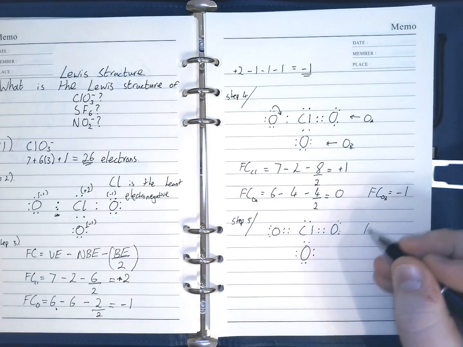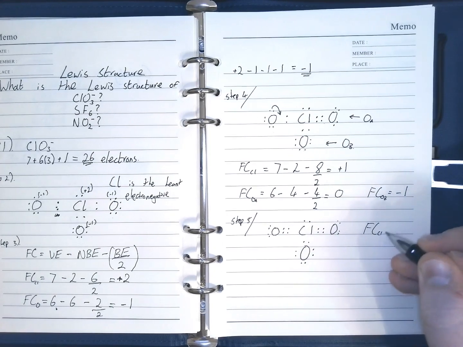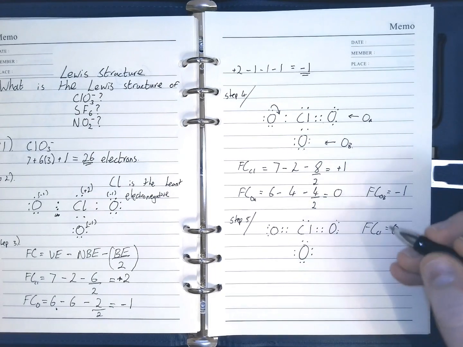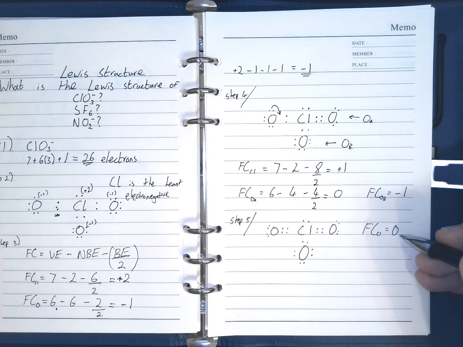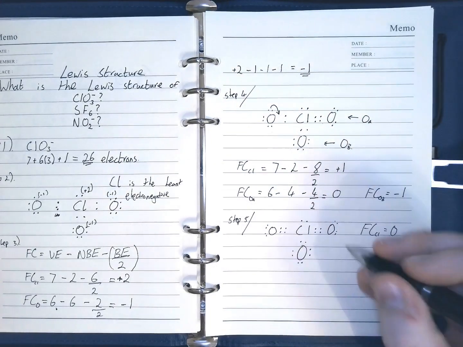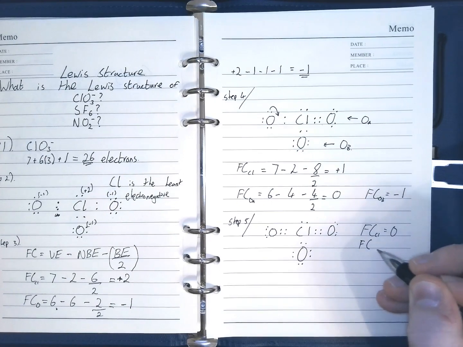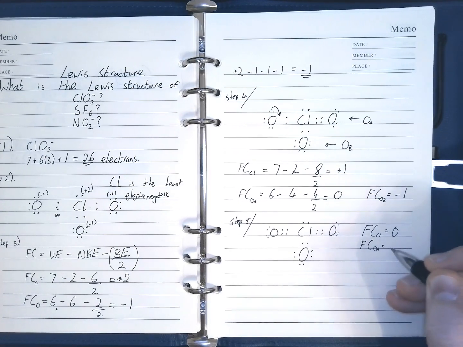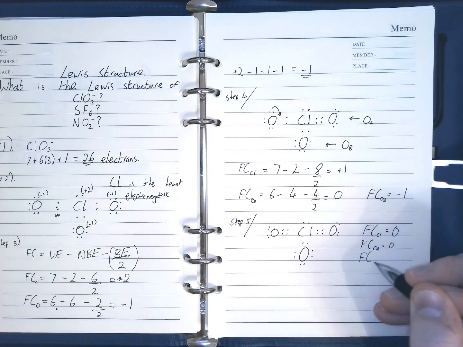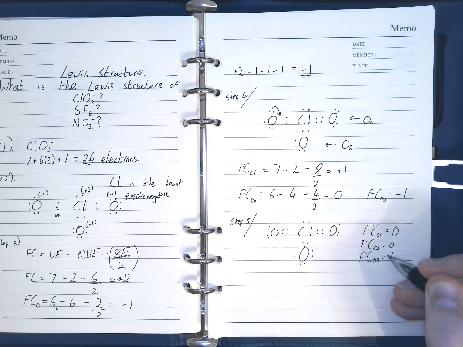And now we have our formal charge of chlorine, which is equal to 0. If you calculate it, I'm just being a little bit lazy here, because I don't want to do the same thing over and over again. And our formal charge of oxygen A is going to be equal to 0, and we only have one oxygen B type, which is going to be equal to minus 1.